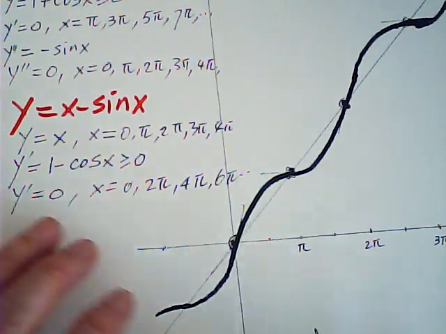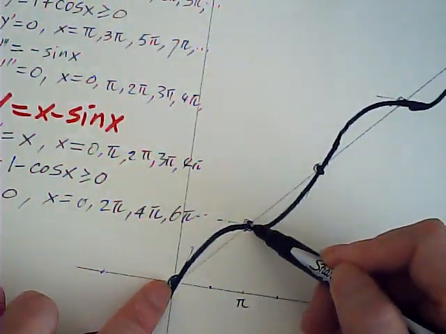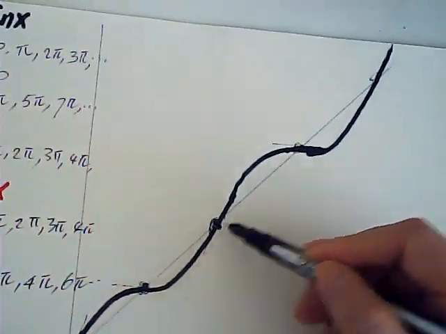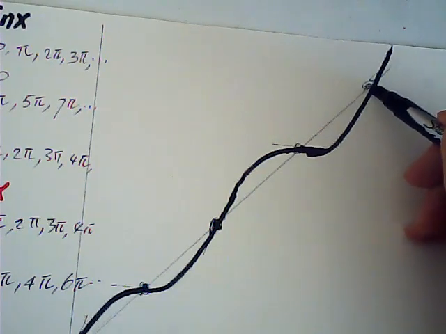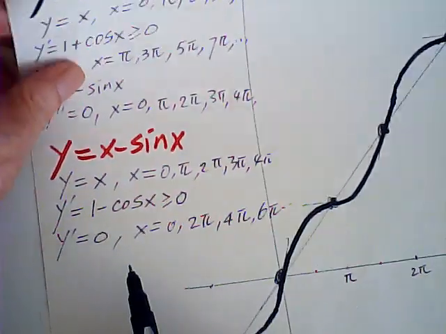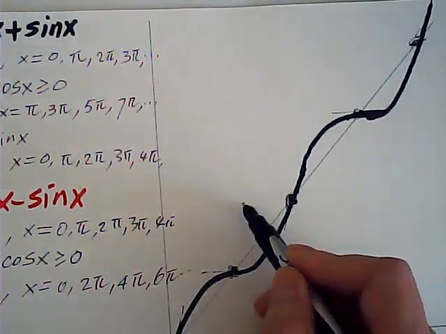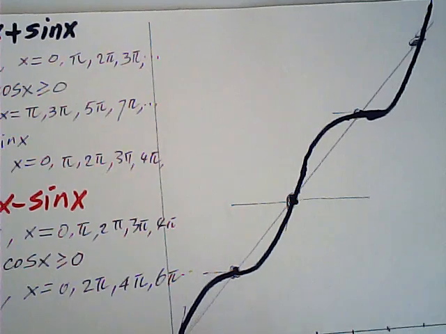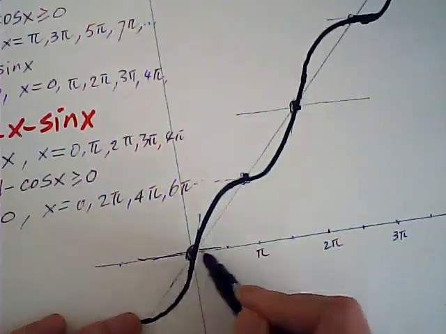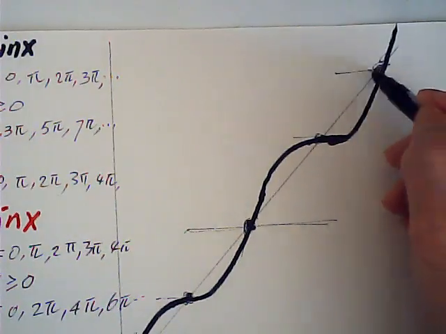That means at these points, at 0, 2 pi, 4 pi, the slope of the tangent is 0, horizontal tangent.